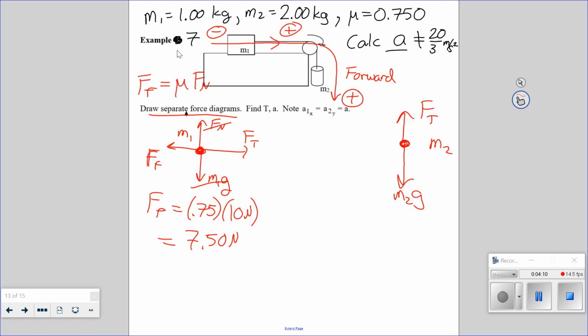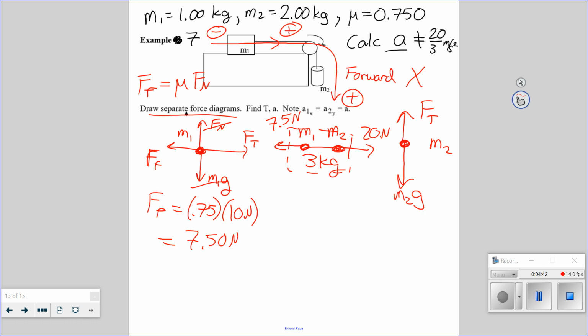Since we're measuring along this one forward x-axis, we can really just imagine that here's a system of M1 and M2, and it's got 20 newtons for M2G pulling to the right, forward, in the plus direction, and it's got 7.5 pulling back. And there's a total of 3 kilograms in the middle.